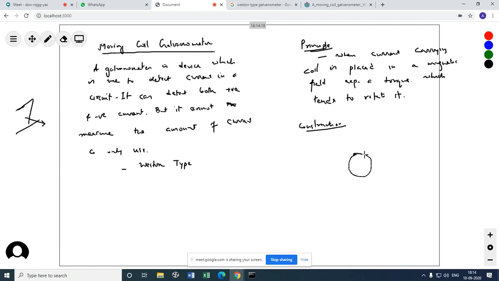Okay, and then we're going to have this armature here, which will have the wirings. These are the wirings here. Along with that, we're going to have a needle. This is the needle. Clear? And then we have a scale.